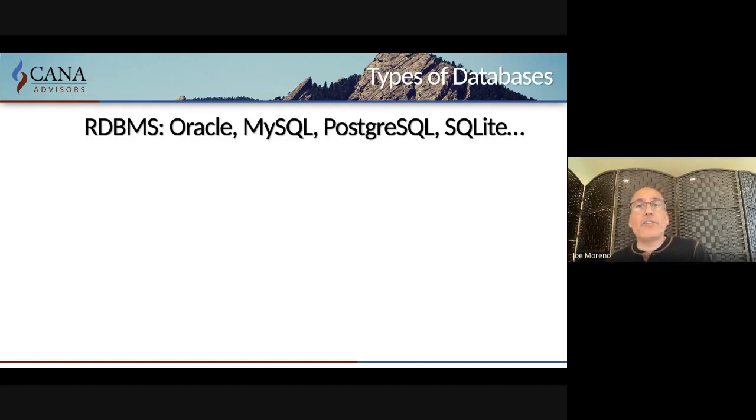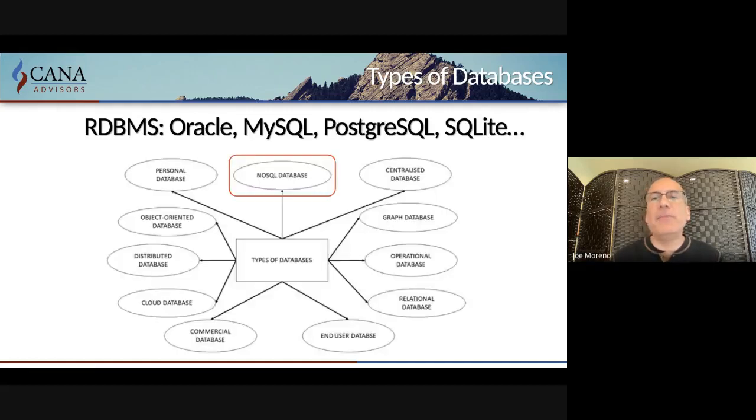Relational databases are obviously one type of database, and the most popular relational databases are Oracle, MySQL, PostgreSQL, SQLite. Those are very popular relational databases. But there are completely other types of databases. The most popular one here that I circled in red is a NoSQL database.